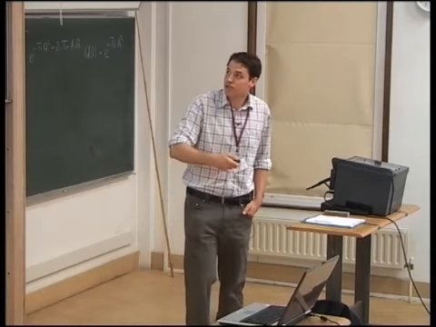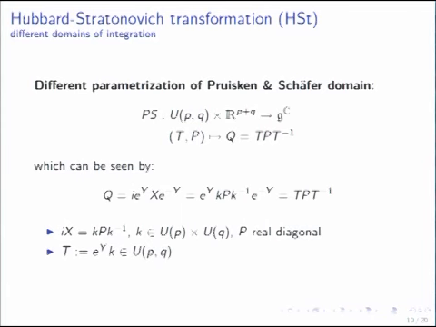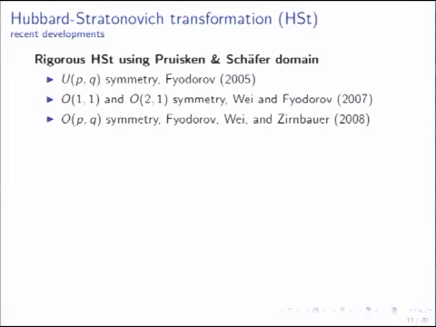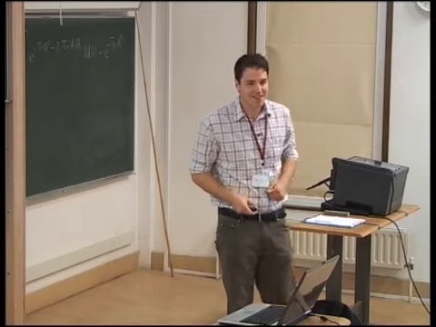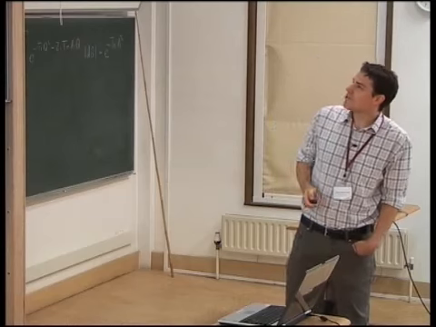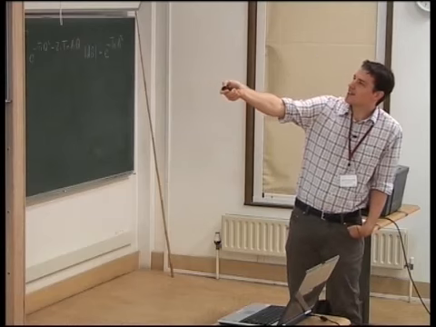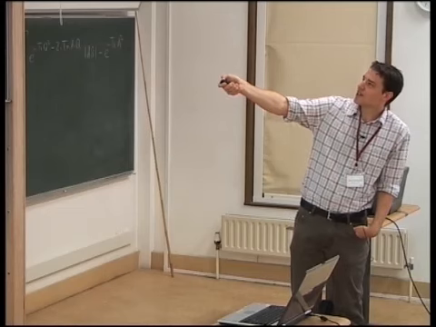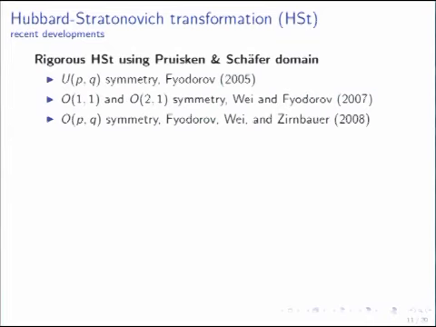So now, after having introduced all these things, and after I told you what the problem is, I can tell you what the recent developments are. Namely, in 2005, Yan Fyodorov gave a rigorous proof for the pseudo-unitary case. By the way, he's responsible that this problem came up again. He gave a rigorous proof using semi-classical exactness of the corresponding integral.